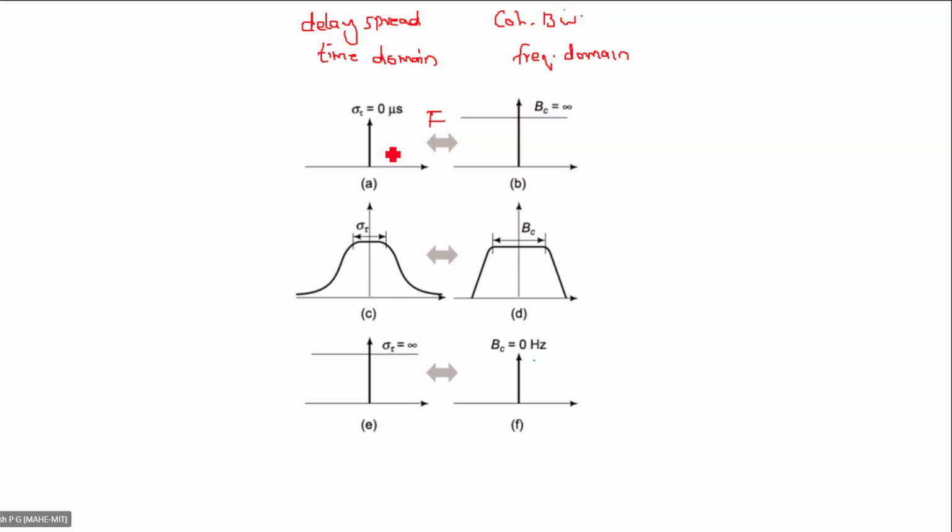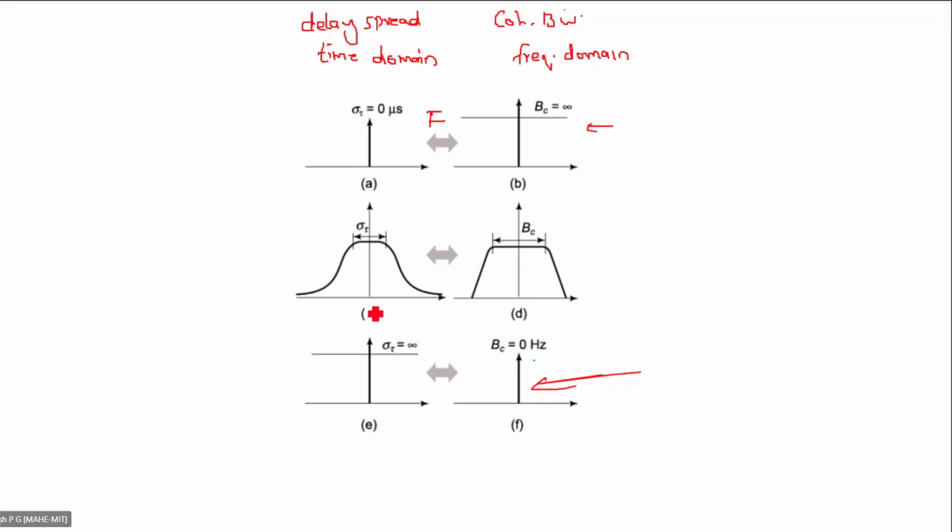So if you have a spike, a delta function, in the time domain, the corresponding signal is something like this. Similarly, if you look at cases E and F, if you have a spike in the frequency domain, then the similar thing applies in the time domain. That is, you will see a constant signal in the time domain.